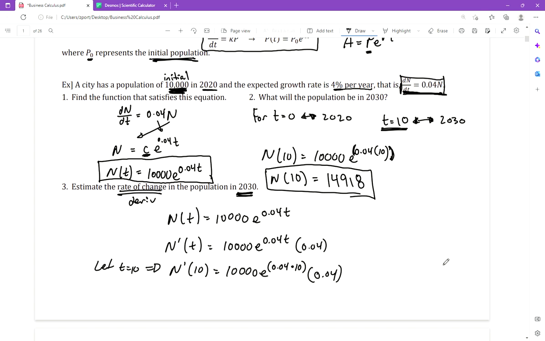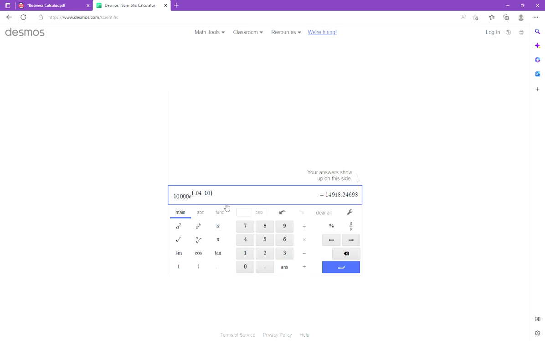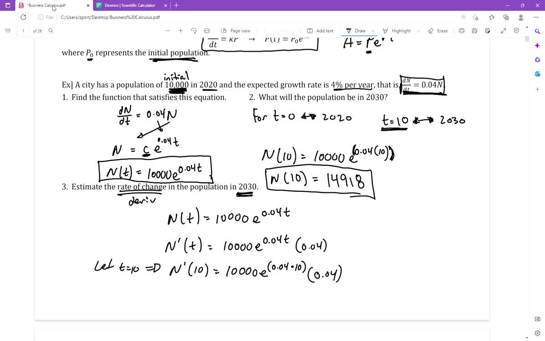I'm just doing it in one big step instead of simplifying because I need a number anyway. And so look at this, I already have that ready to go, but I just need to multiply it by 0.04. There we go. Okay, so we get 500. Again, let's round it to the nearest whole number, so we'll do 597.